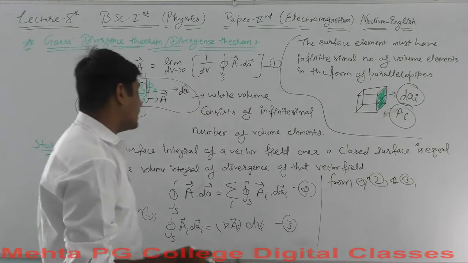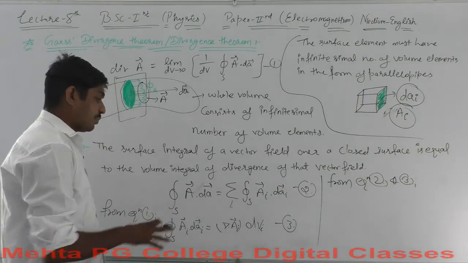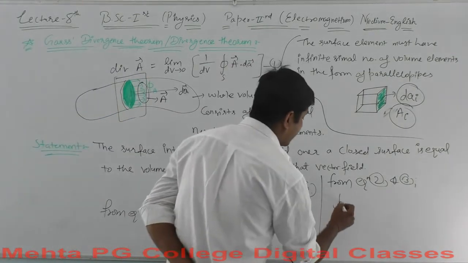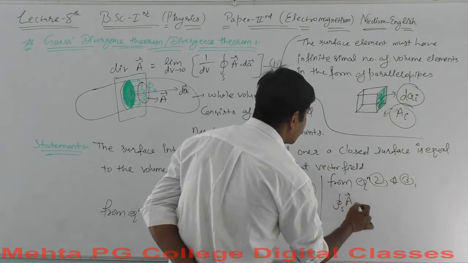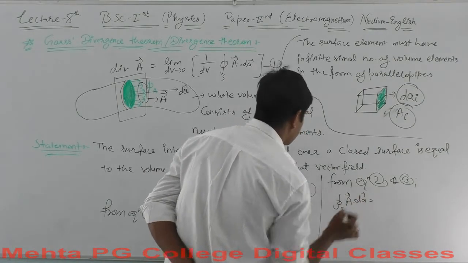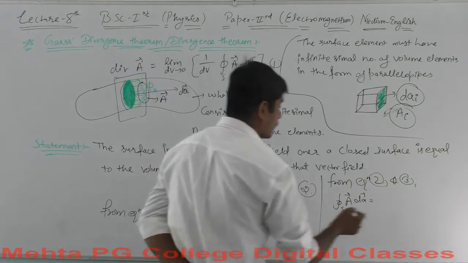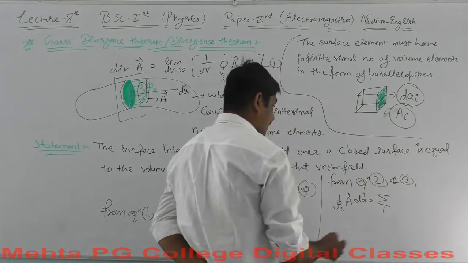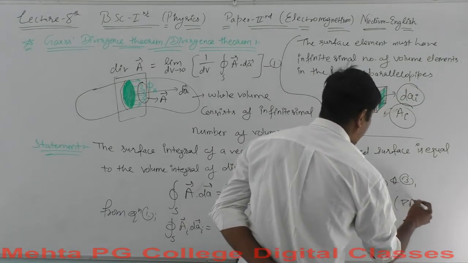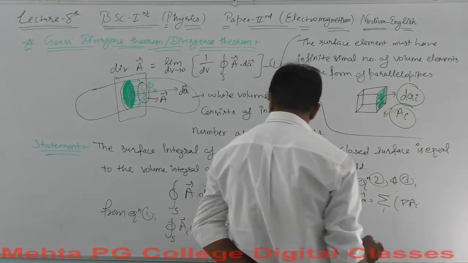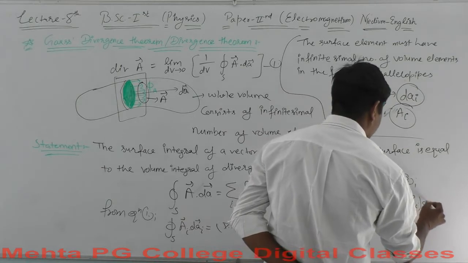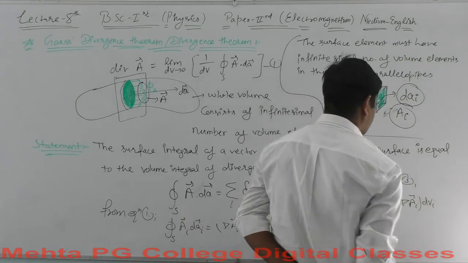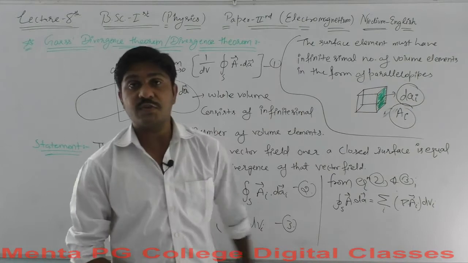So what do we get from equation 3? We get the integration over a closed surface of A dot dA vector is equal to the summation again over i of del dot Ai vector dVi. This is for the infinitesimal elements.